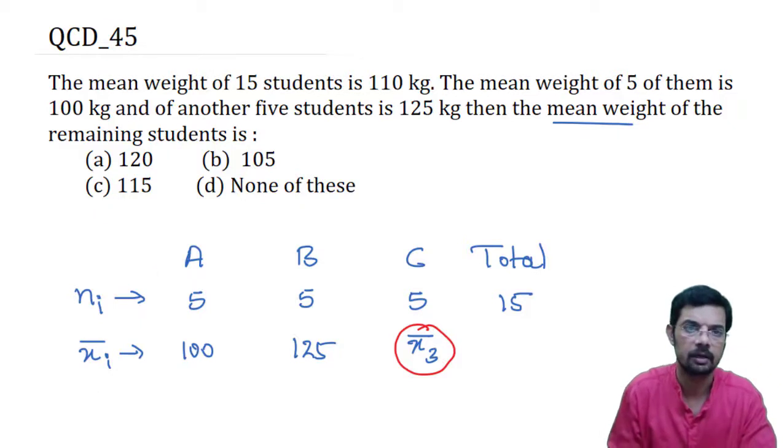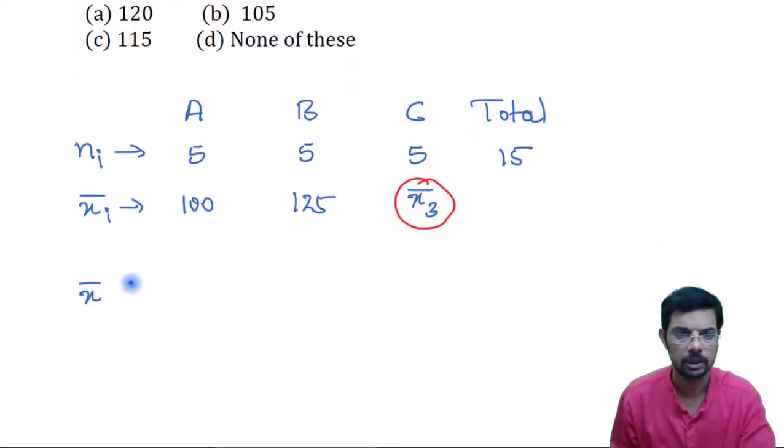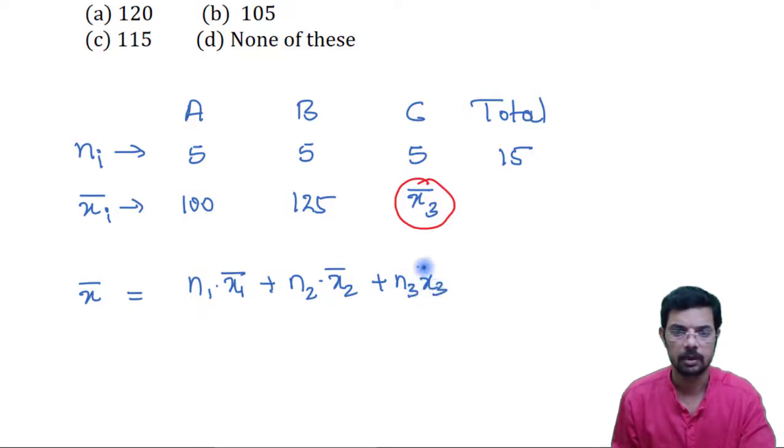We know the formula to find the combined mean: x bar will be equal to n1 into x1 bar plus n2 into x2 bar plus n3 into x3 bar, divided by n1 plus n2 plus n3.